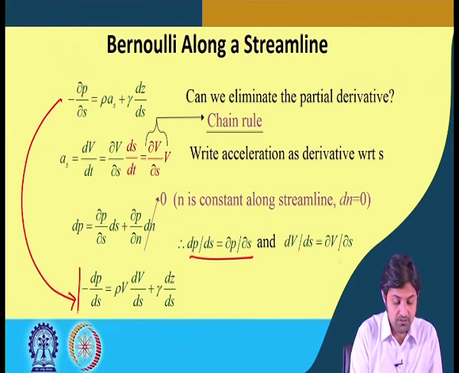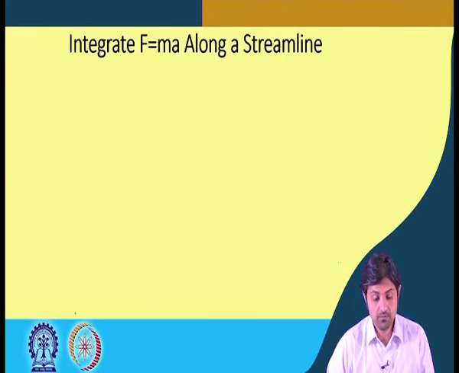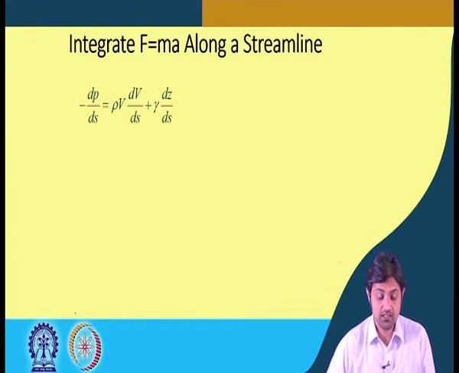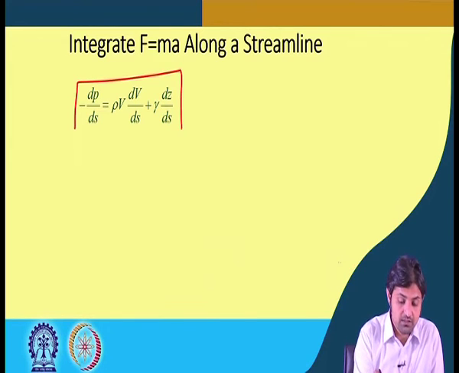So this is the equation. Now we have to use force is equal to mass into acceleration along a streamline and integrate it. So this is the equation that we have, right?